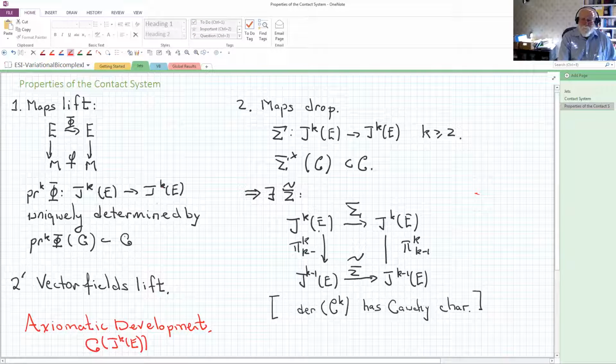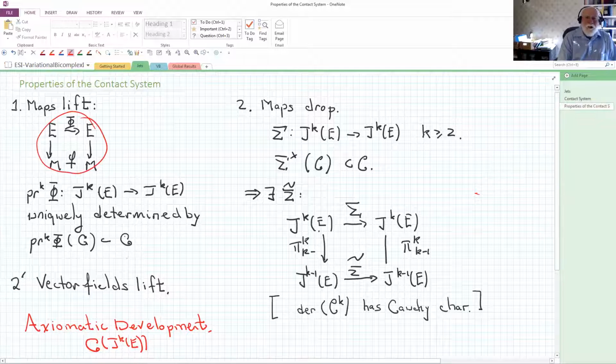Okay. Properties of the contact system. There are only two I really want to talk about. The basic property is, if you have a map from our fibered manifold to itself, or to another fibered manifold, then maps of this kind automatically lift to maps in jet space, and that lift is unique.